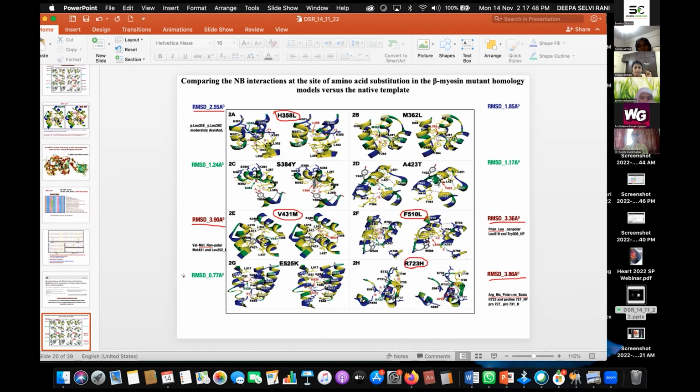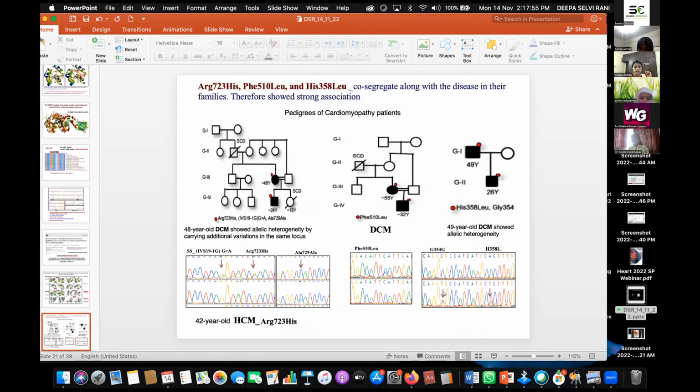And then I spoke about this variation. Then we'll see these three variations one by one: arginine to histidine at 723, phenylalanine to leucine, and histidine to leucine. Here you see this mutant is co-segregating along with the disease in the family, therefore showing strong association. In this mutation, arginine to histidine, we also observed it in two cases.